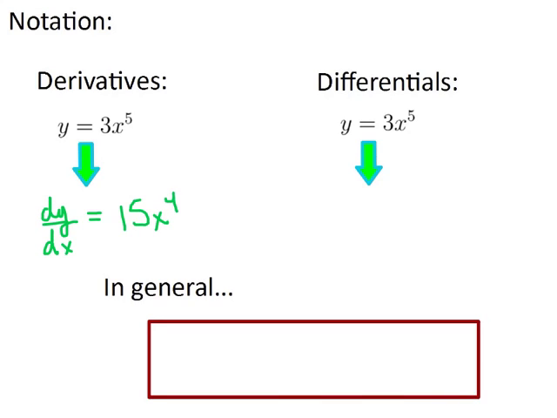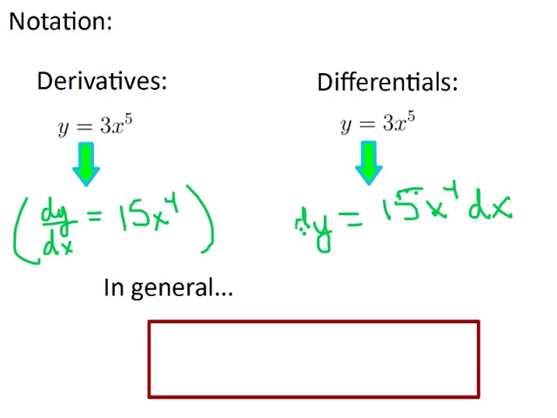In differential notation, since dy means something and dx means something, they are changes in x and y, then we're going to have them separated. So dy equals 15x to the fourth dx. It's basically like you took both sides of this derivative and multiplied them by dx.